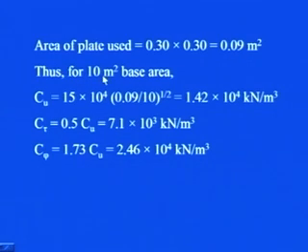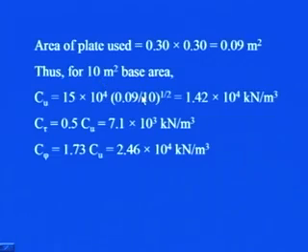So, for the base area of 10 meter square, you can get, using this particular expression, this Cu value 15 into 10 to the power of 4 that we have obtained from the load intensity versus elastic settlement curve for the test plate, converted in this particular manner for the foundation. So, this is Cu into the area of the plate divided by the area of the foundation base, which is 10 in this case.